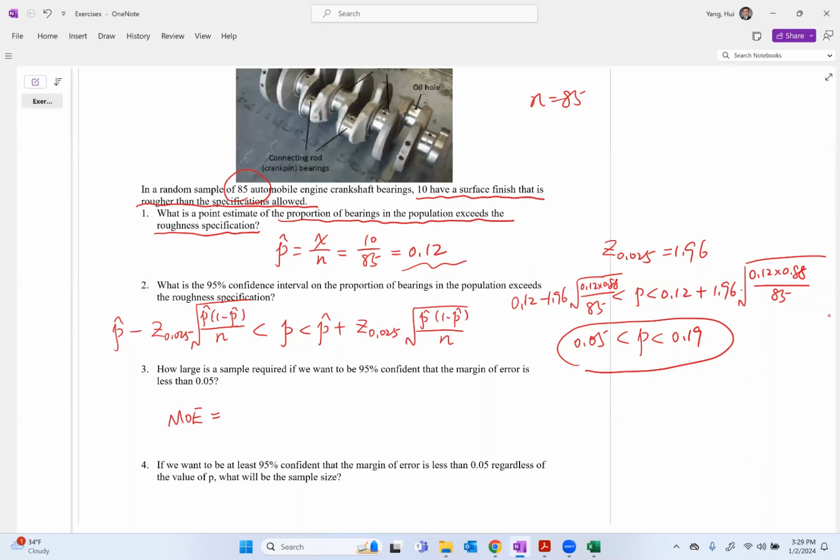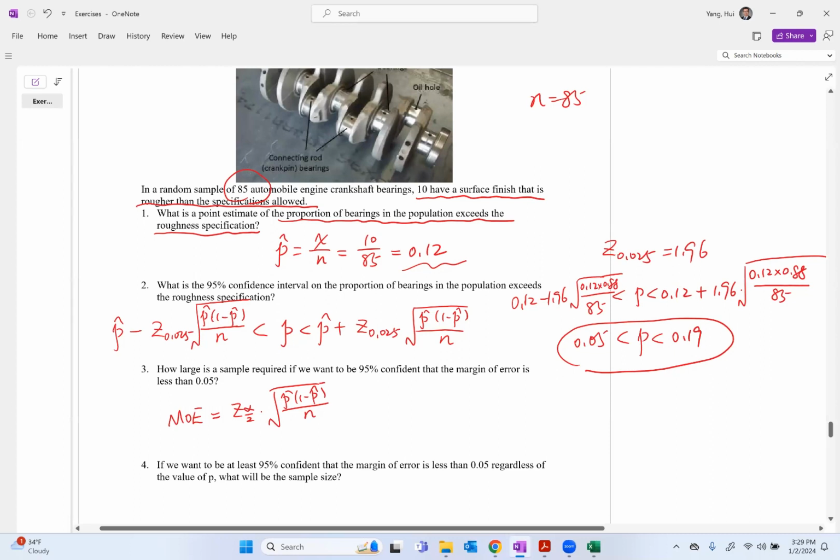Margin of error is Z alpha over 2 times the square root of P hat times 1 minus P hat divided by n. We want it to be less than 0.05. So n should increase. Then we increase the sample size.